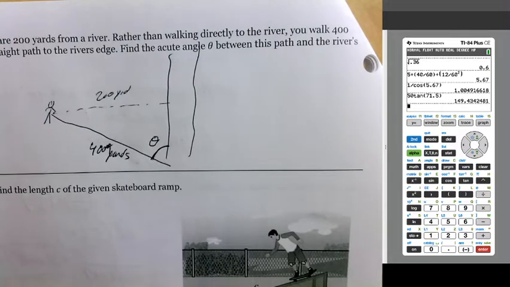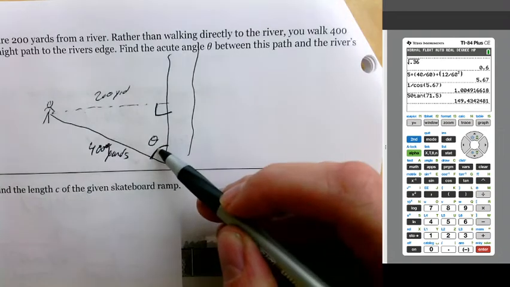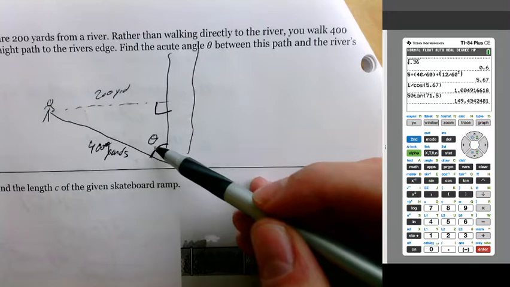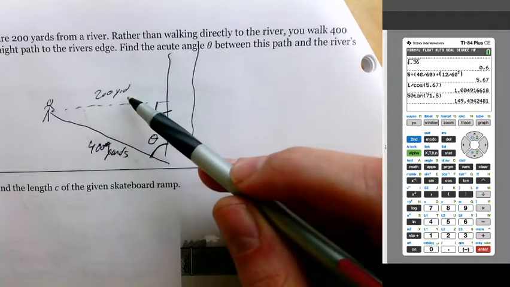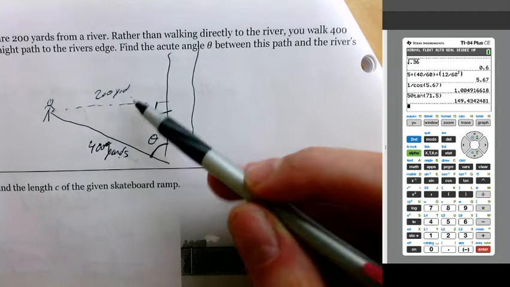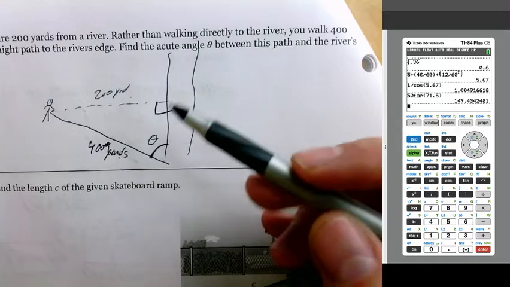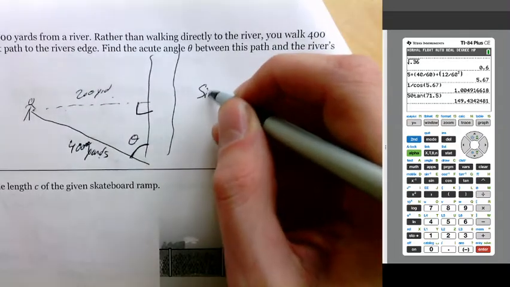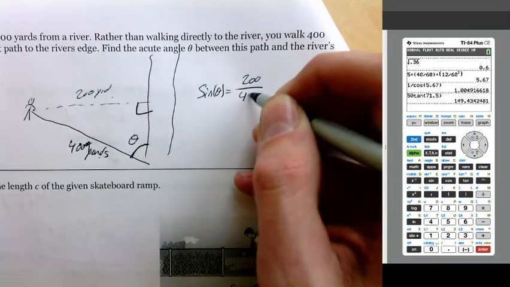This is going to be a right triangle, so let's think about what trig function is going to relate theta to this 200 and this 400. Well, 200 is opposite of theta, and 400 is the hypotenuse. So I think sine is a good candidate, because sine of theta is opposite over hypotenuse, so 200 over 400.